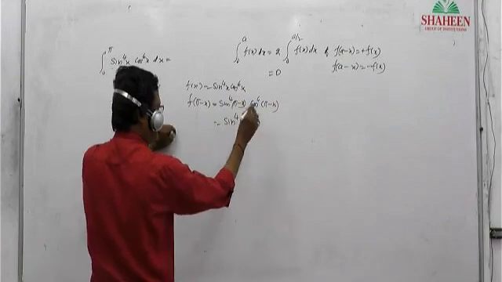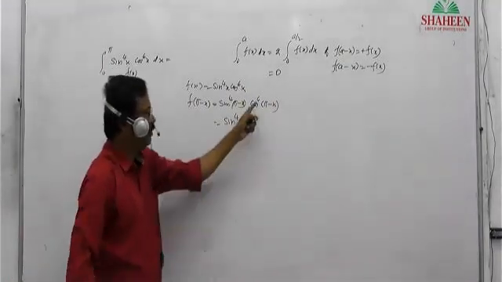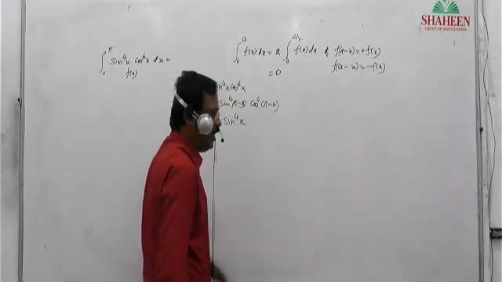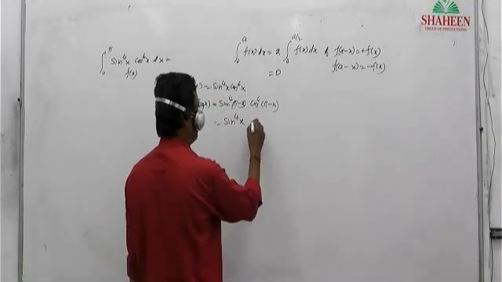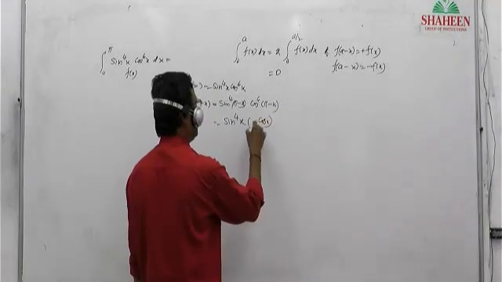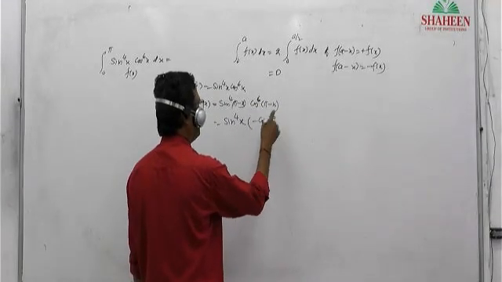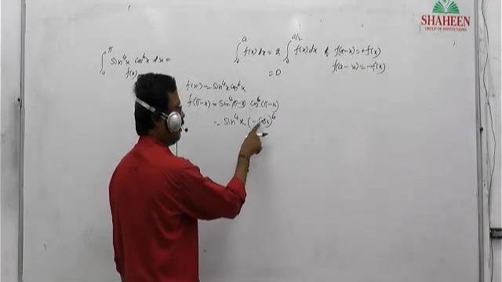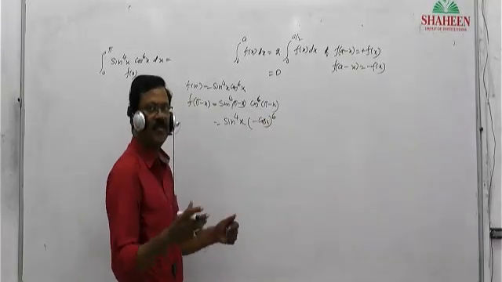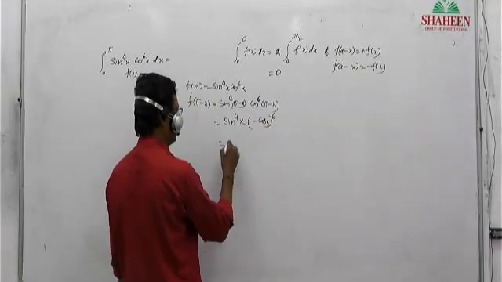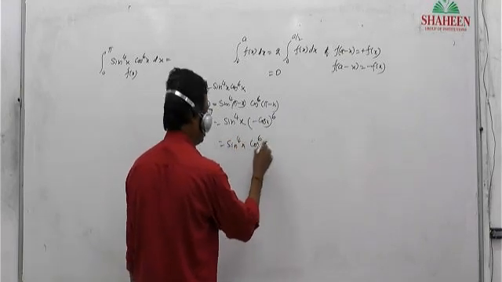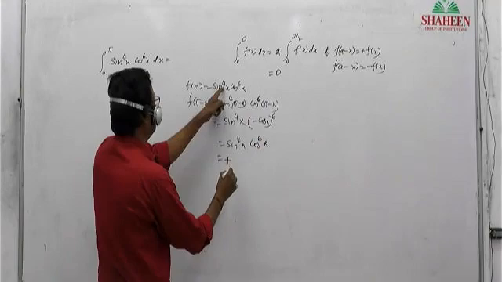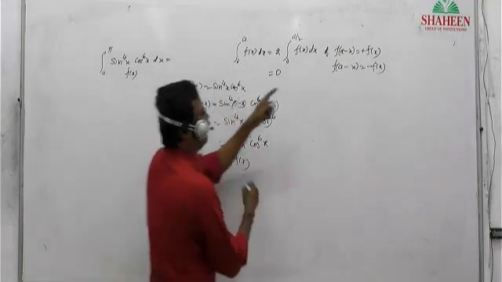Do you know this? Cos of pi minus theta, second quadrant, is minus cos theta, minus cos x. But what about the degree? The degree is even, so the minus power even becomes plus sign. Plus cos power 6x. What did you get? You got plus fx.